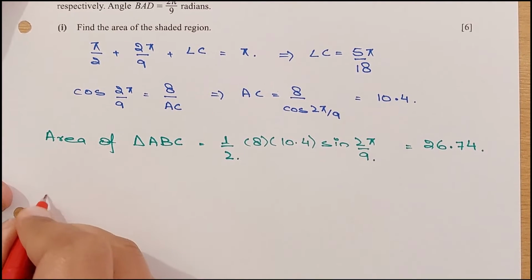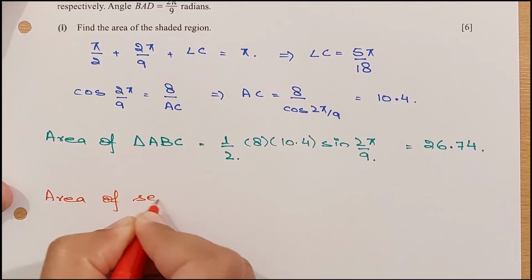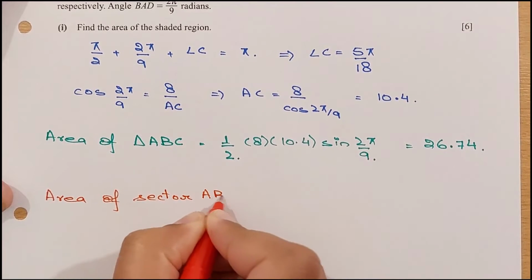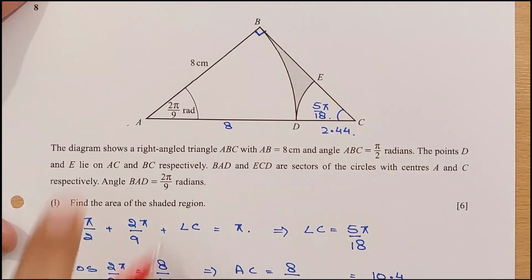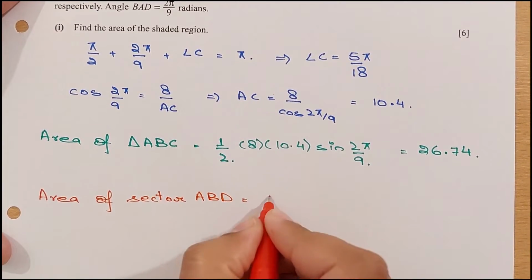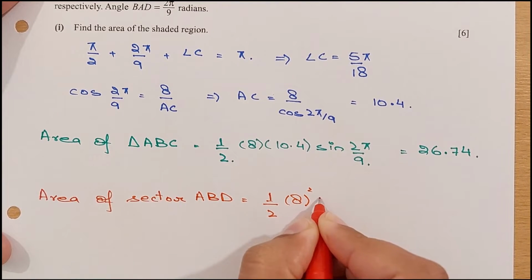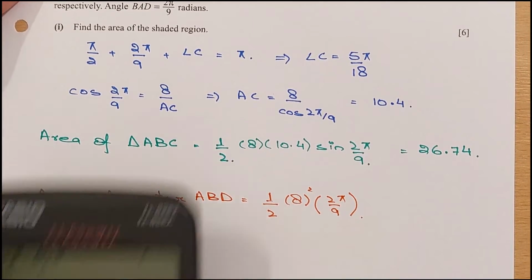So area of sector ABD, the larger one, right? This sector ABD, that is half radius square theta. So we have half, the radius is 8, its square, and theta is 2 pi by 9 radians, right?